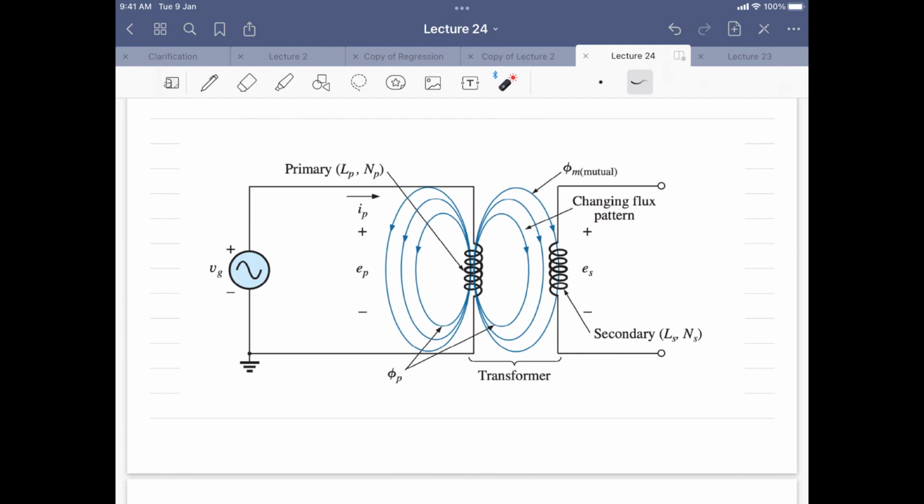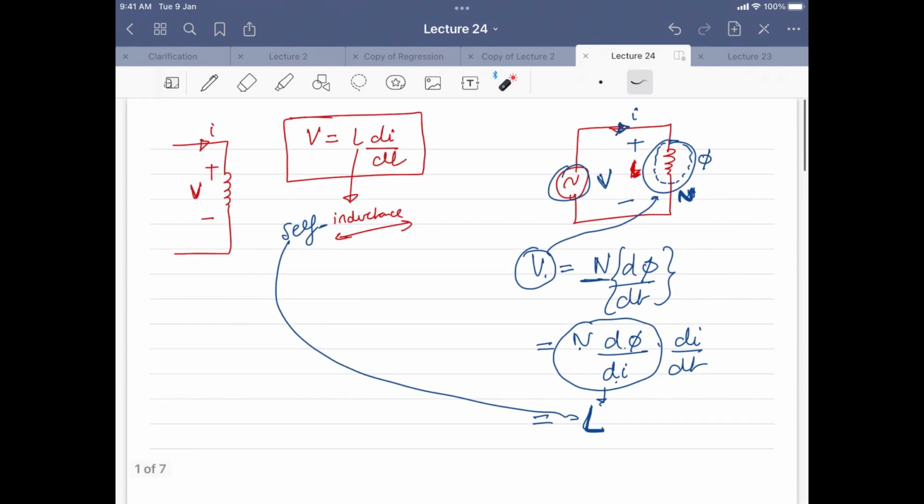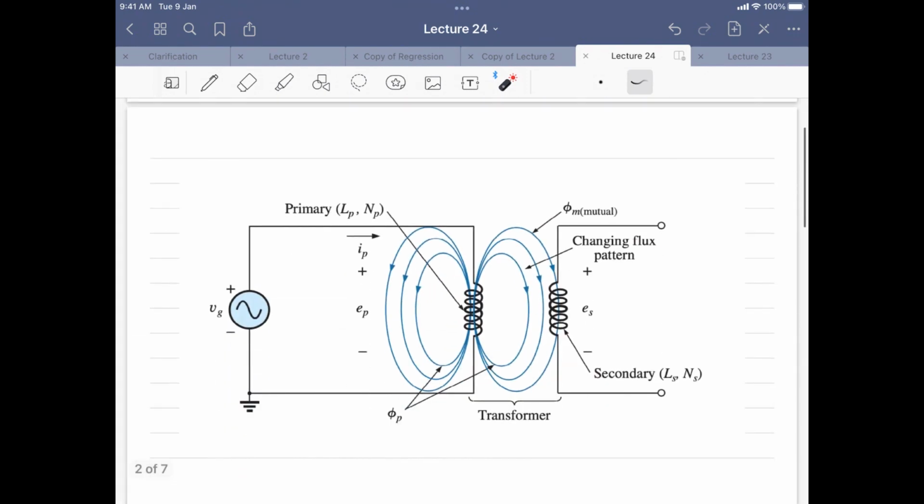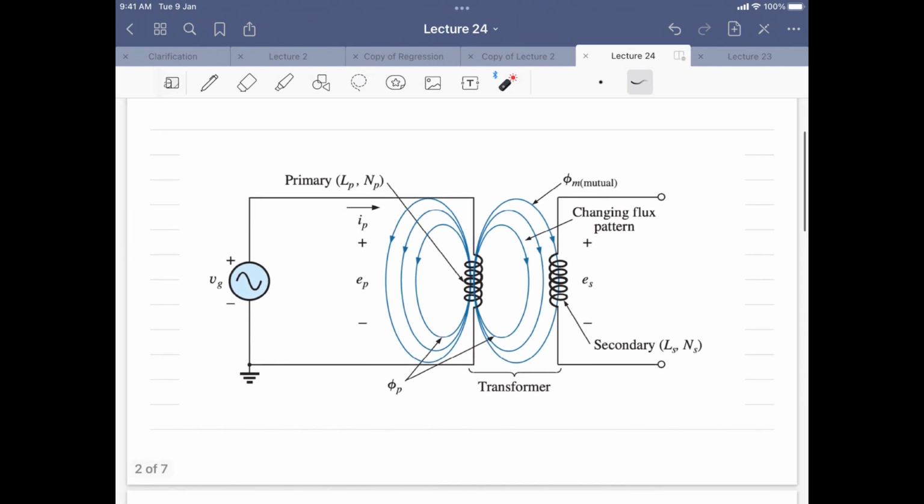What they observed is that these flux lines, which I have already told you are created when current is passed through this inductor, interact with this inductor also.